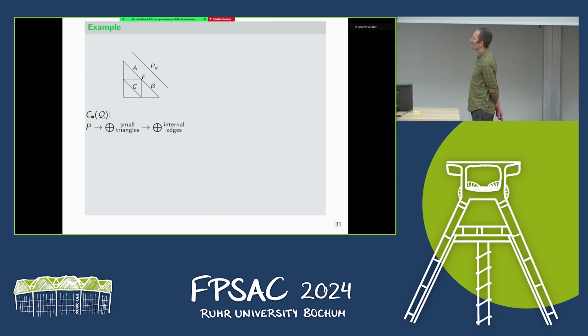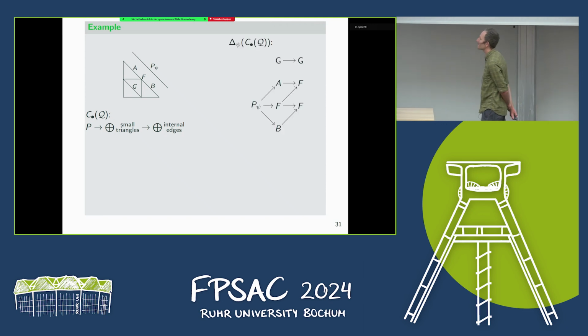So let me go back to the example we've done before. In the complex associated with Q, I have P going to the direct sum of the 4 small triangles, going to the direct sum of the 3 internal edges. So what happens when I apply this psi functor to that? P turns into P psi.